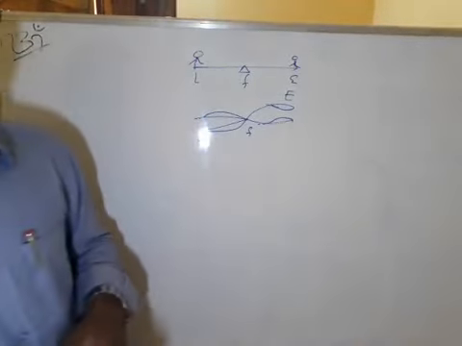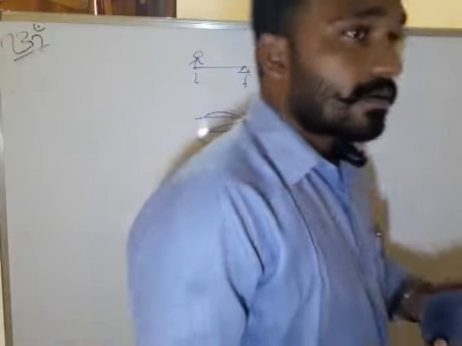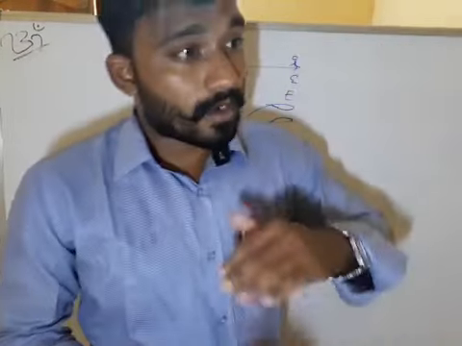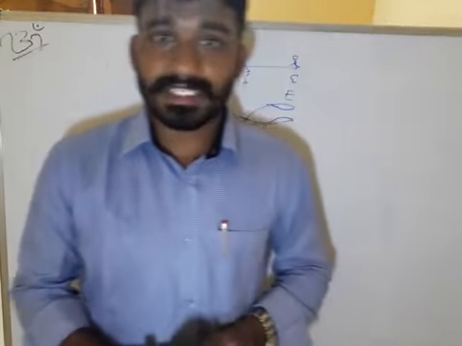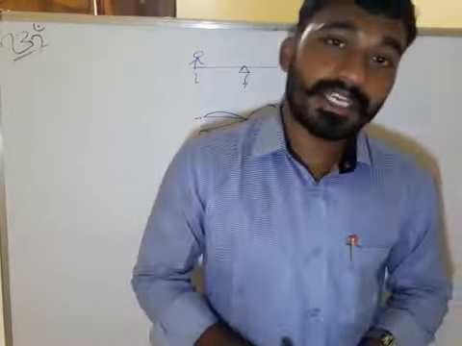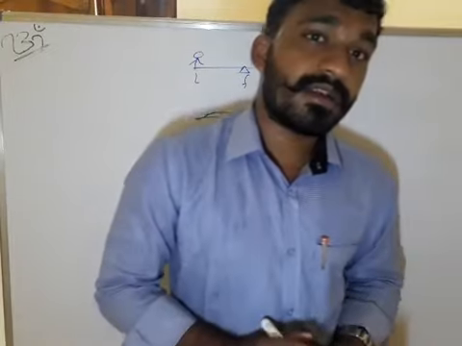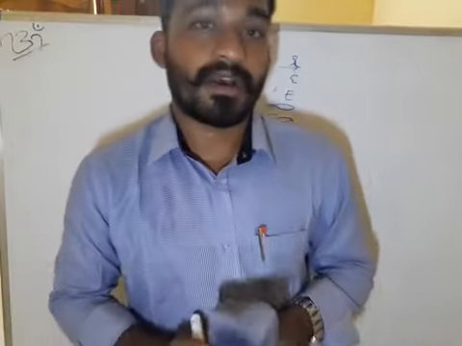And nail cutters. In that case, the fulcrum is on one side, the load is in the middle, whereas the effort is on the other side. Another one is class 3 lever. In class 3 lever, the effort is present in between load and fulcrum.